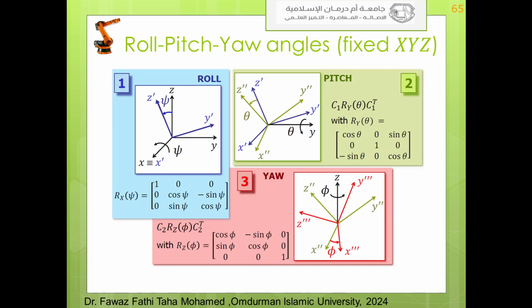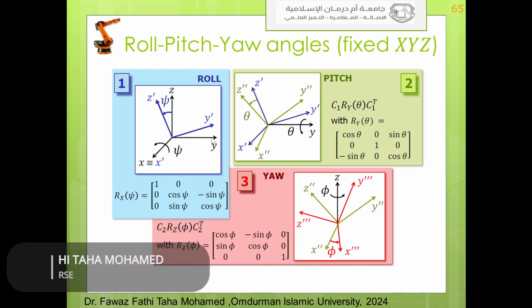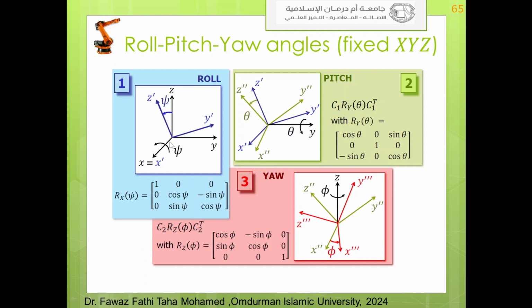Okay, now let us move to the next slide, the next subsection for this lecture today: the roll, pitch, yaw angles. In this case, we rotate around the original or old fixed axes x, y, z.